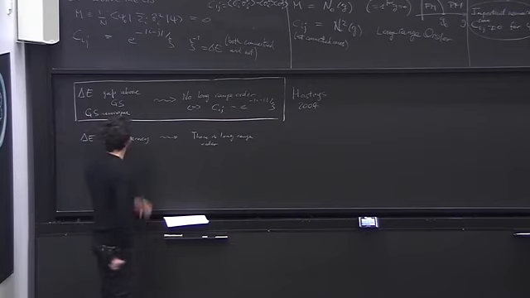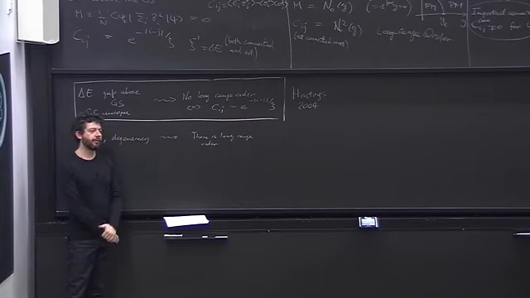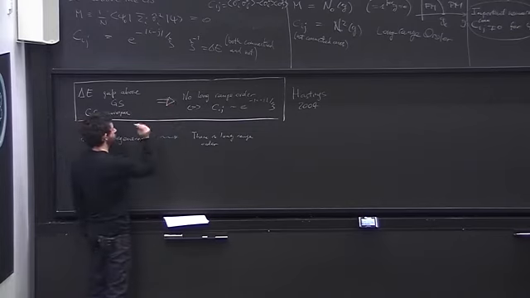So you would like to understand whether this is really true. So in this case, it's true. So we will prove this, and we would like to understand if this is also a necessary condition.